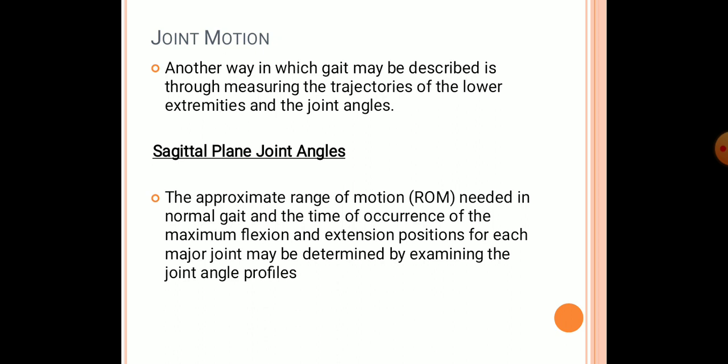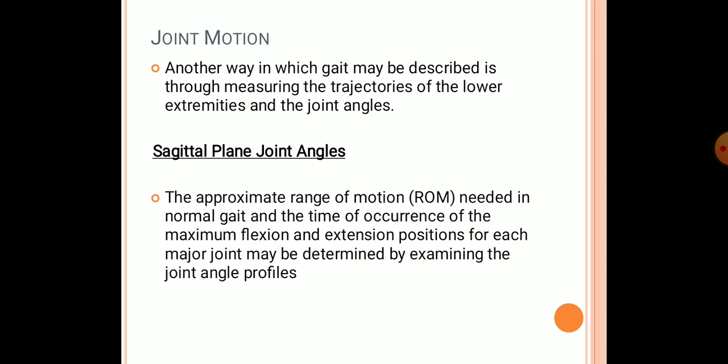If we are talking about movements occurring in the joint, we are talking about joint kinematics in the gait cycle. If we are talking about the forces acting on a particular joint during the gait cycle, that is known as the kinetics of gait. So today we are going to discuss the kinematics, or the movements happening in the lower extremity joints during the gait cycle.